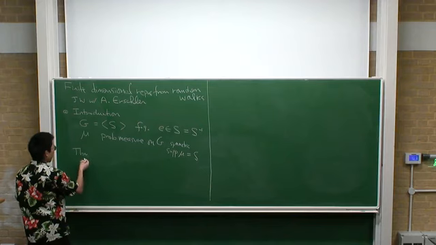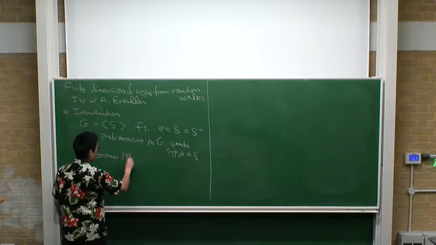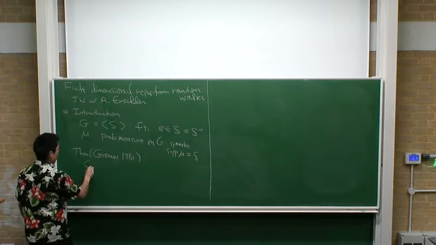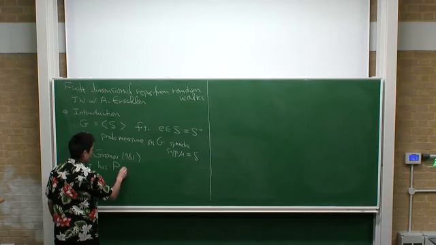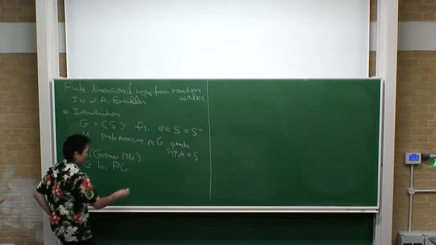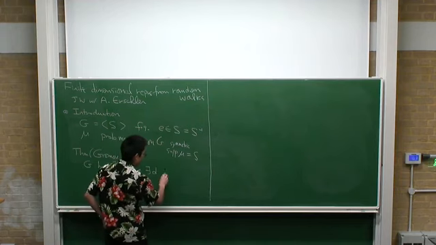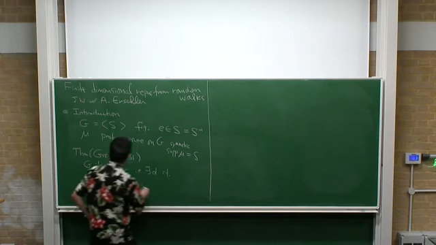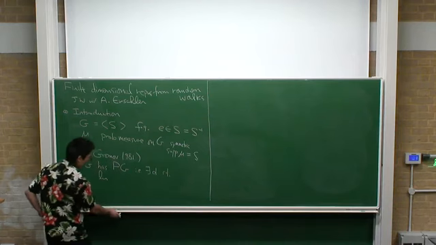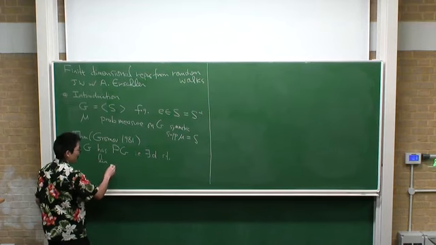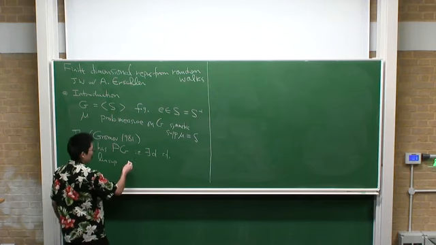The motivating theorem is Gromov's theorem. If G has polynomial growth, that is, if there is a D such that, the limit, or because the limit may or may not exist, one can take limsup. In Gromov's case it was sup, but it doesn't matter in fact.